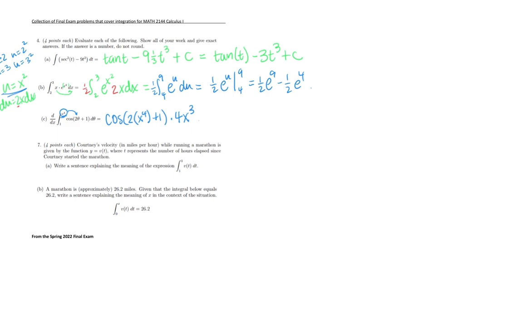And so the first thing says write a sentence explaining the meaning of that expression. So this expression gives the net change in distance from t equals 1 hour to t equals 3 hours.